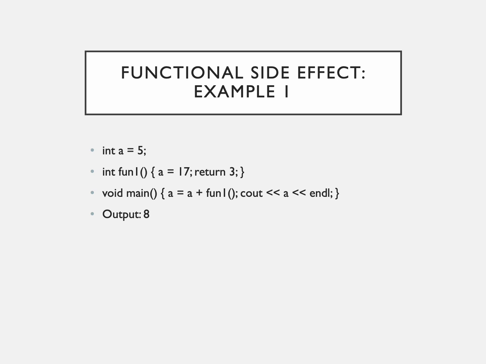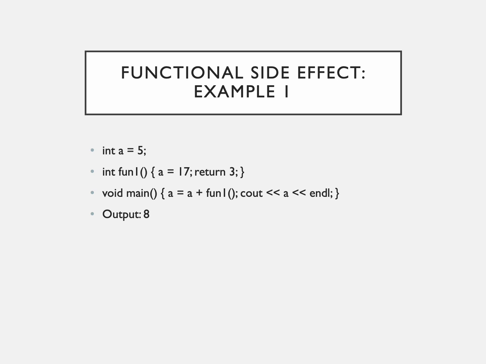Now let's walk through this functional side effect example in C++. So we have integer a equal to 5, then we have integer function 1 and the main function. At first glance you might expect the output to be 5 plus 3 equal to 10, because of the way the code is written.